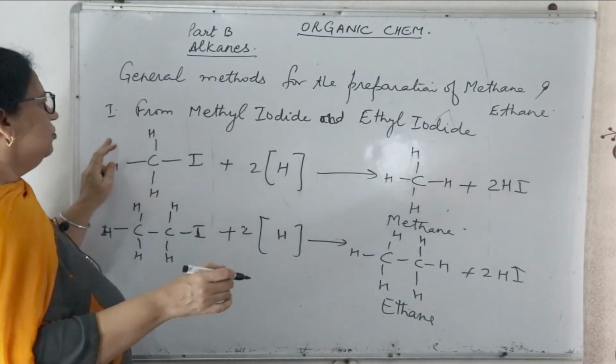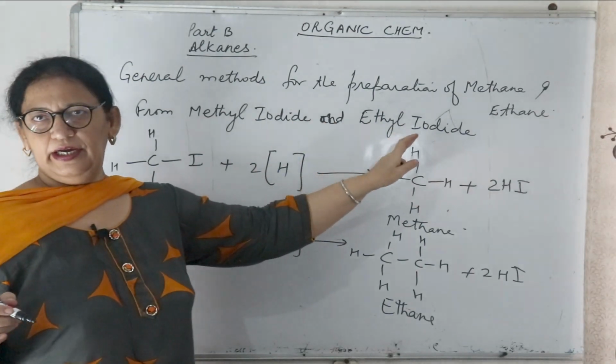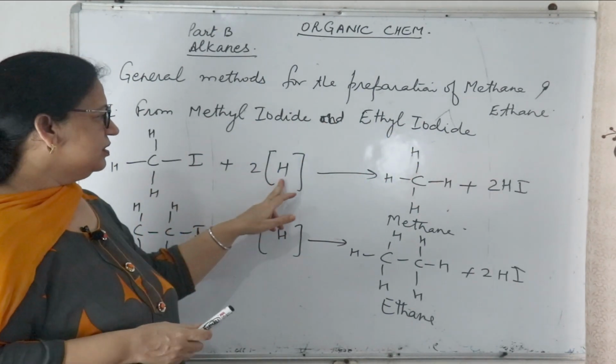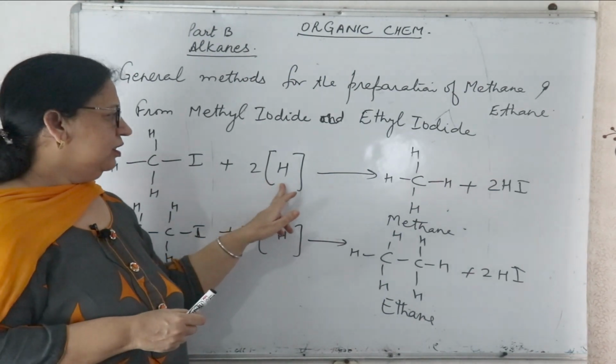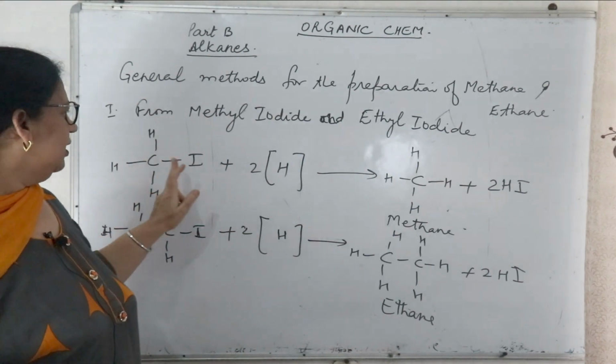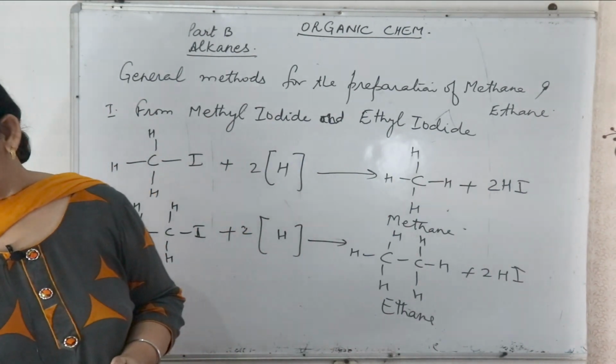So this is the method of preparation of methane and ethane from methyl iodide and ethyl iodide. Sorry, this is methyl iodide plus nascent hydrogen, then methane is formed.